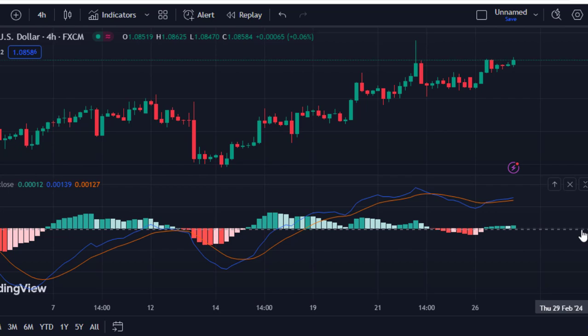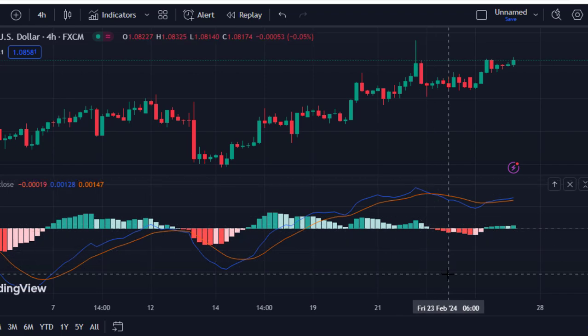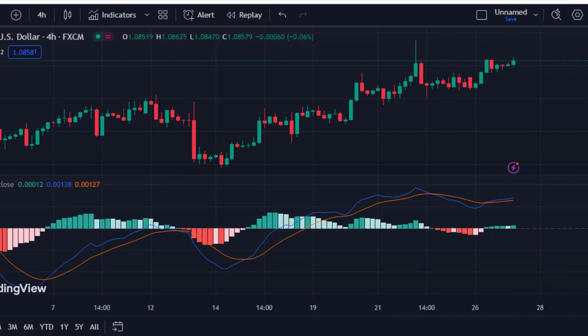0.00000 is the zero line of the MACD. So it divides the positive side of the MACD from the negative side of the MACD. From this 0 point here downward is the negative side of the MACD, while from this 0 point here upward is the positive side of the MACD.